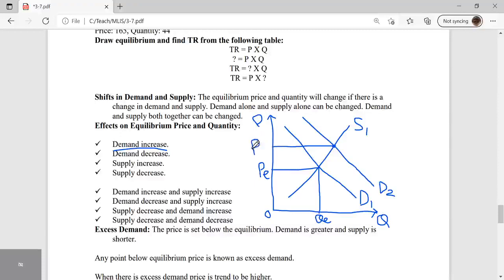So higher demand will lead to higher price, and also higher quantity, Q2. The price is increasing because of the rise in demand. Any problem? Please let me know if you're facing any problem.